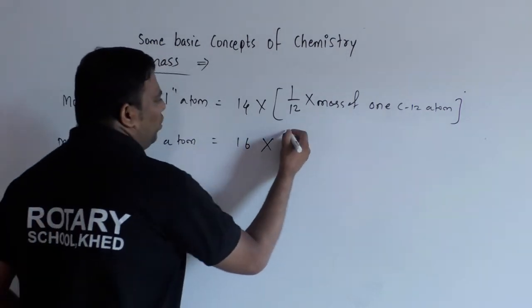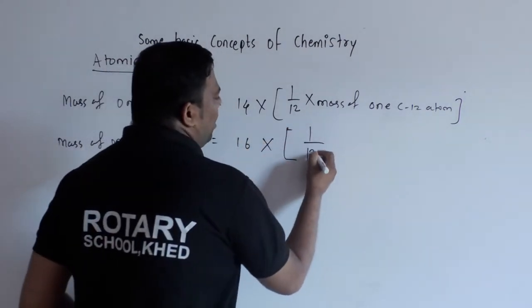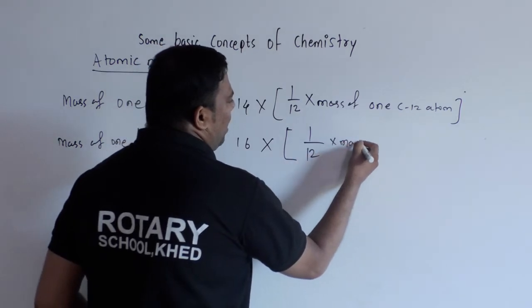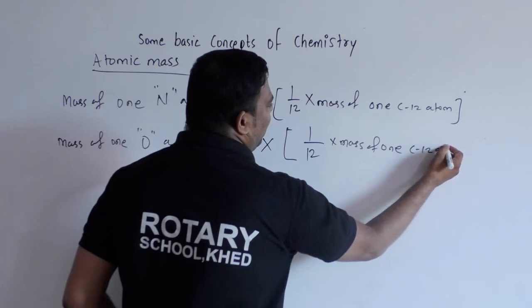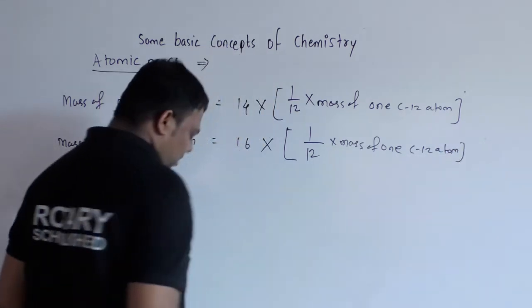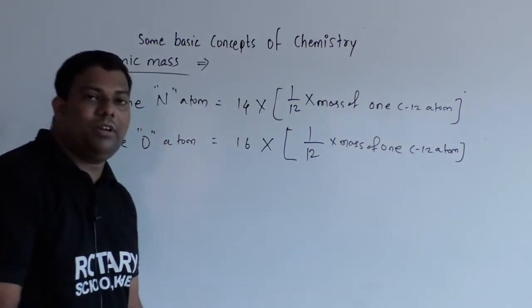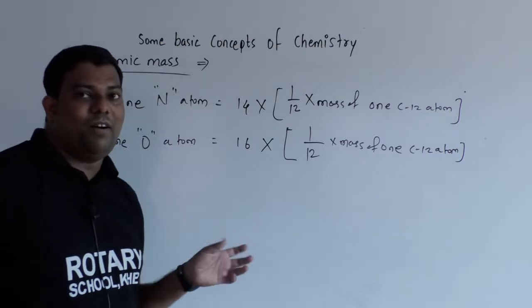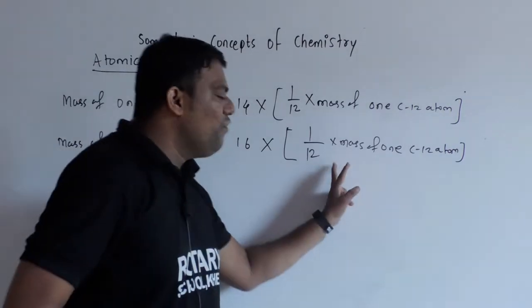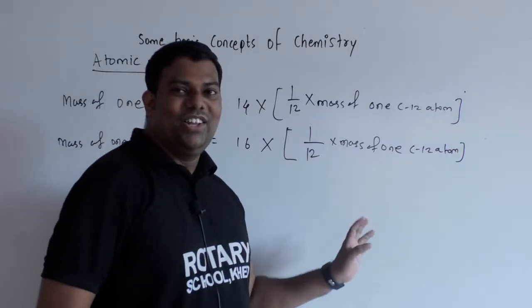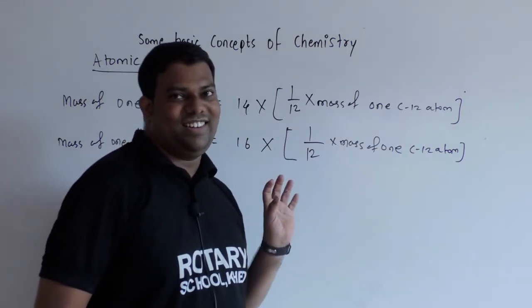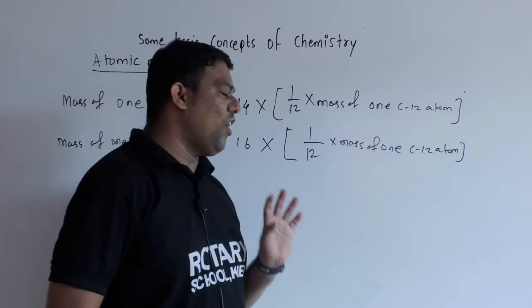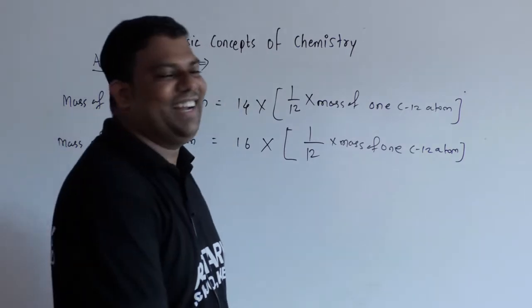Yes, 16 into again the same 1/12 into the mass of one C12 atom. That means whenever we have to find atomic mass, we have to compare it with this carbon 12. Understood? So we would have to rewrite it again and again.